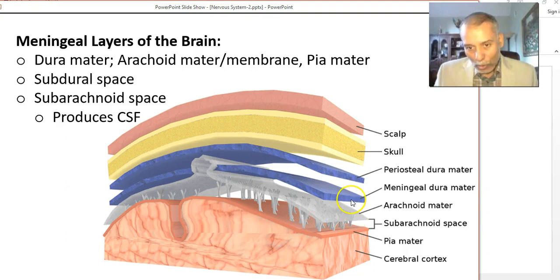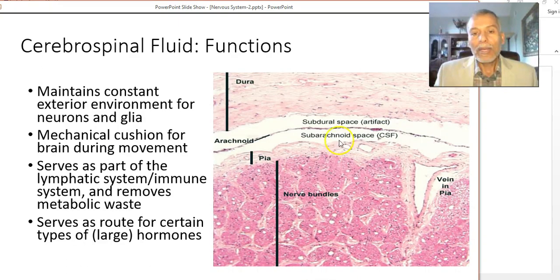Beneath it, between the dura mater and the arachnoid membrane, in that space, if there's a rupture, blood might accumulate and create a pool.